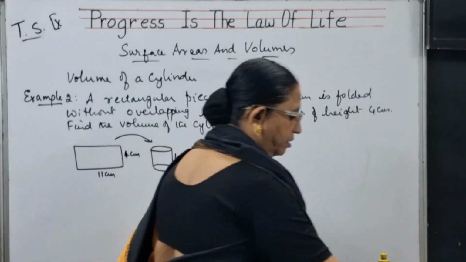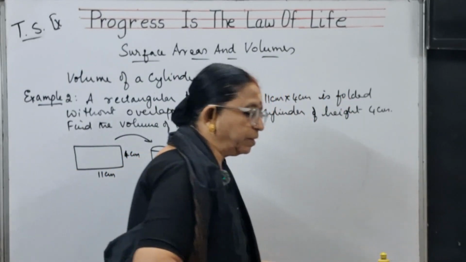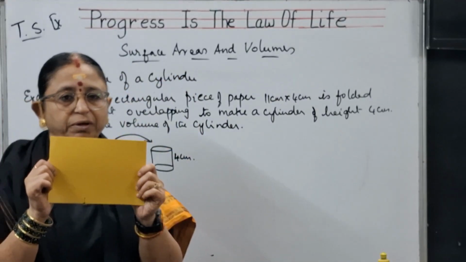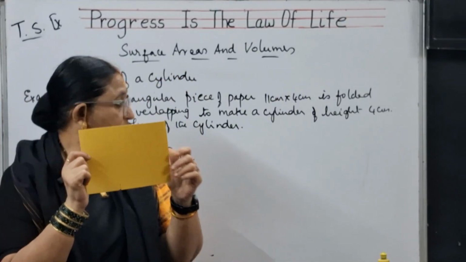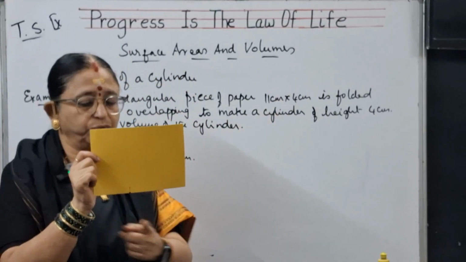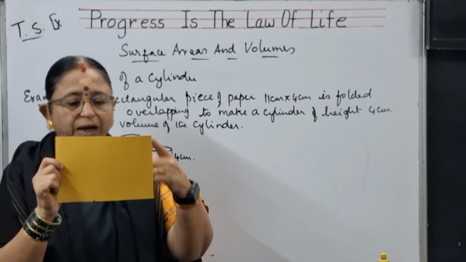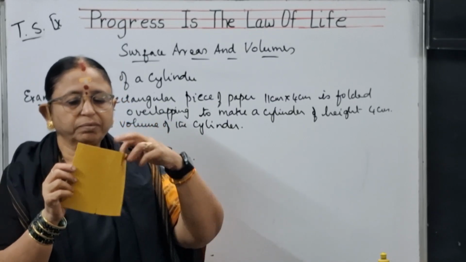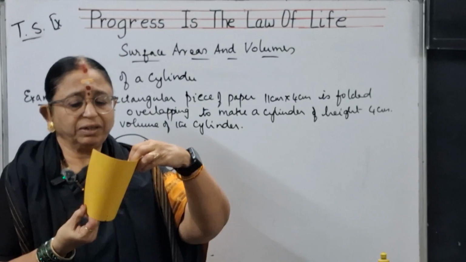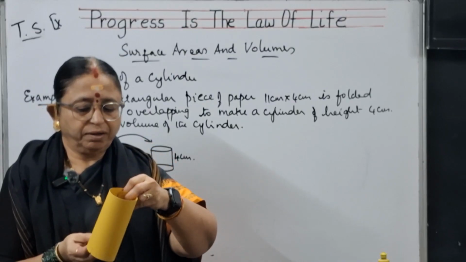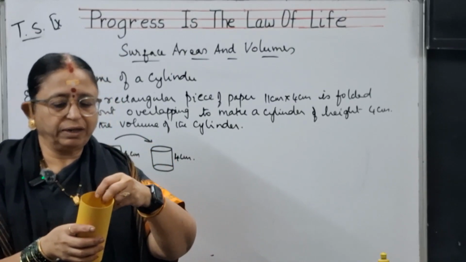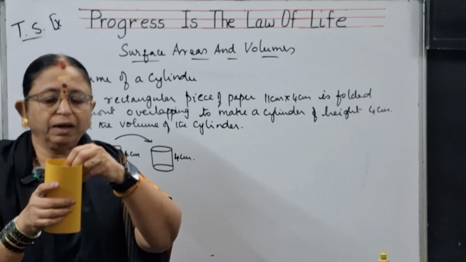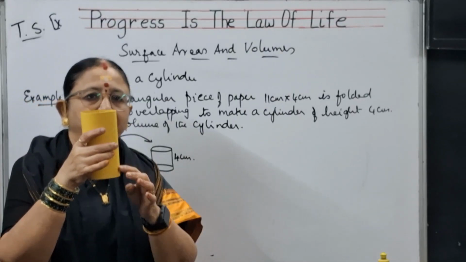Once again, let us see this. See here, the same rectangular piece which is having 11 centimeters and 4 centimeters. It is folded in such a way that widthwise it is folded like this, so that the height of the cylinder is 4.